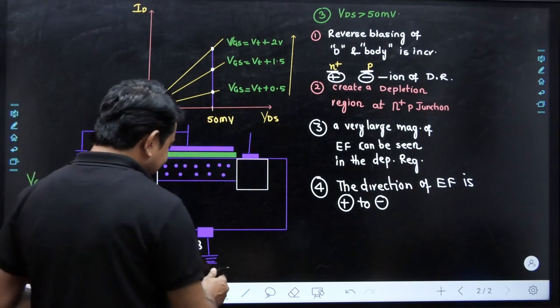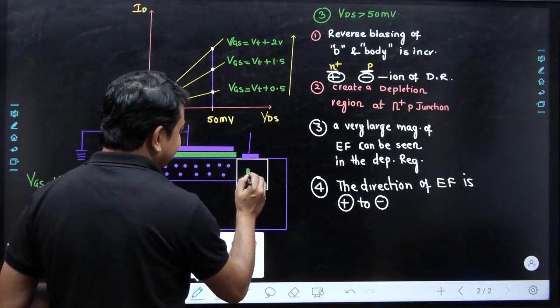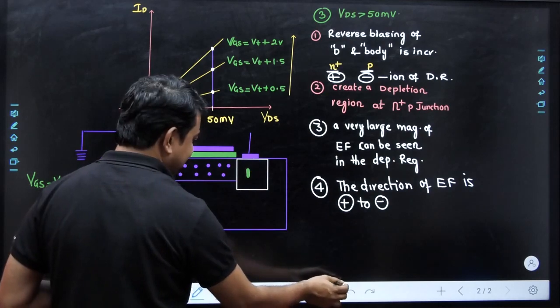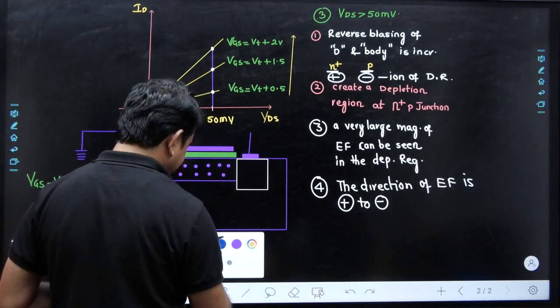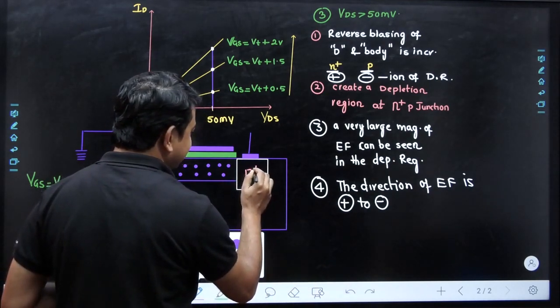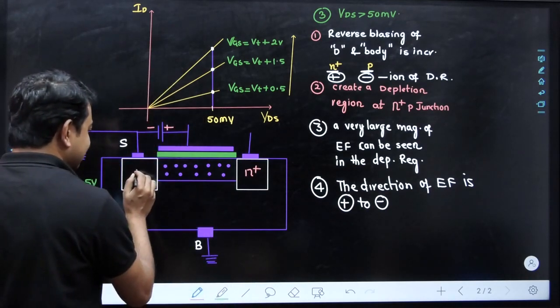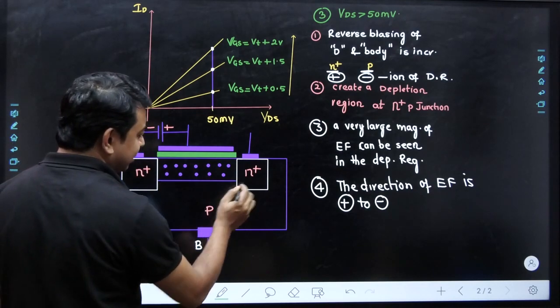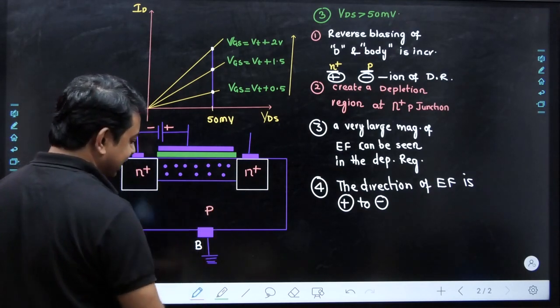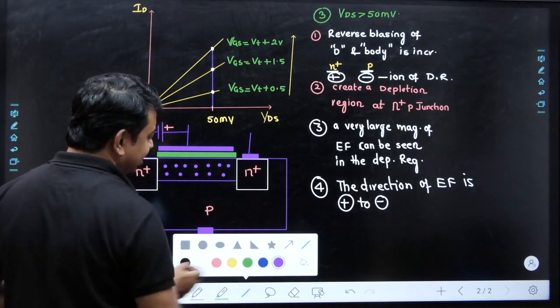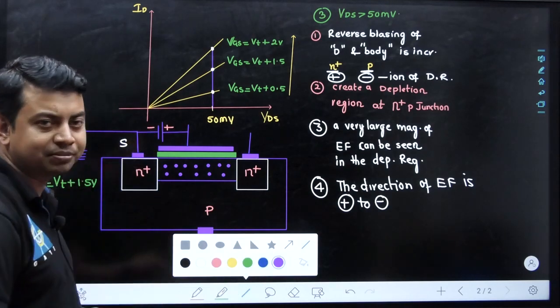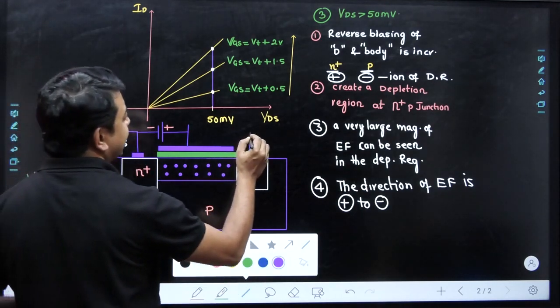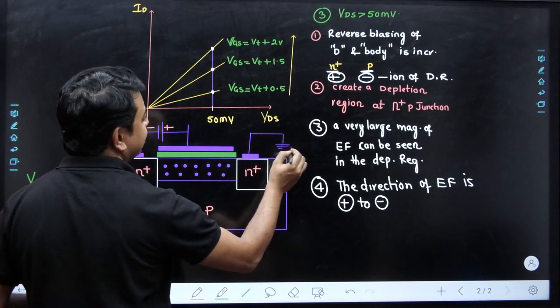And we know where this junction is available. This is the P plus region, this is the N plus region. Okay, I will take this as the N plus region in NMOS, and this is also the N plus region, and this is the P region. We know that these two will make a diode, these two will make a diode. And initially, when the device is in equilibrium, that means we haven't applied any potential at this particular terminal.